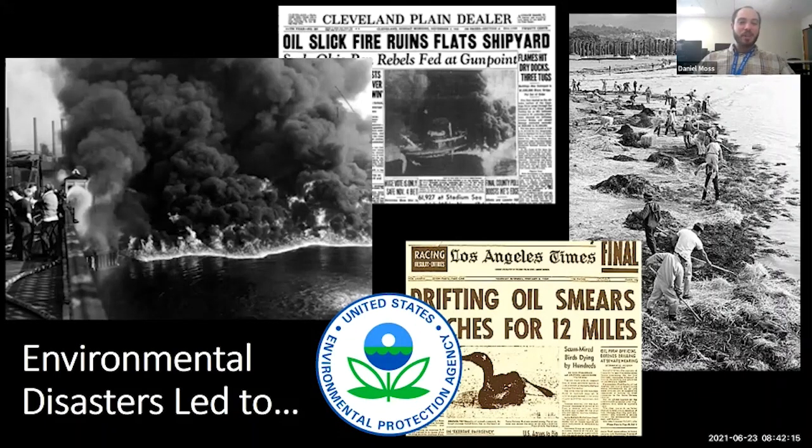But in truth, that river had caught on fire something like a dozen times before this photo was taken. So it's important to know that with all sort of regulation and all sort of environmental protection, things can happen slowly. So here's this disaster on the left.